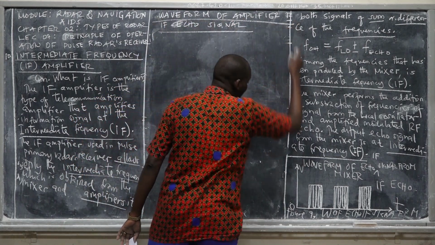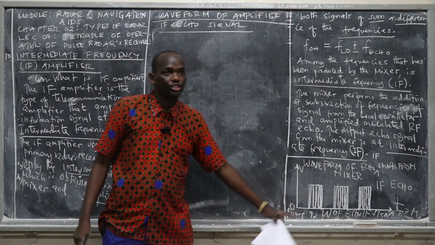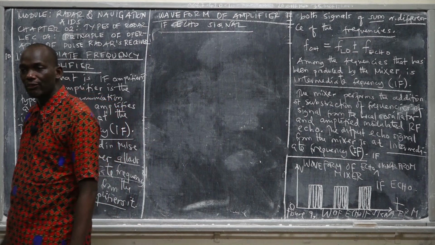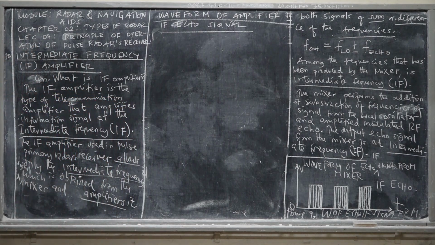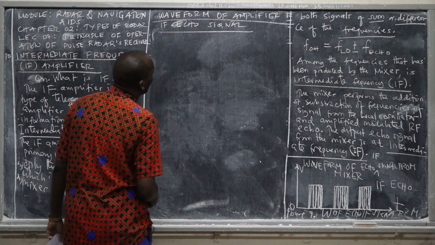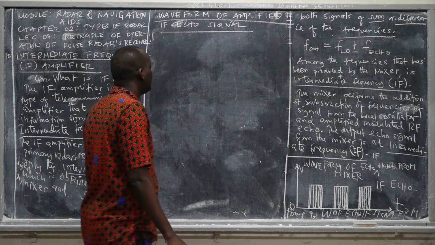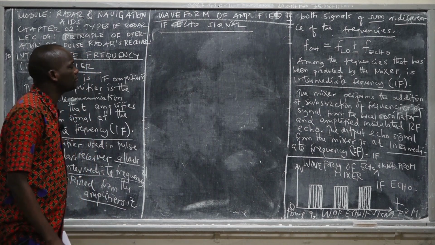Remember that the frequency of this signal has now changed from RF. For the RF, the frequency is high. Intermediate frequency is always less than RF frequency. Be careful. So the waveform of the amplified intermediate frequency echo signal.